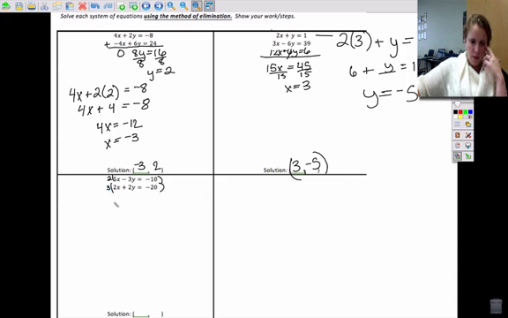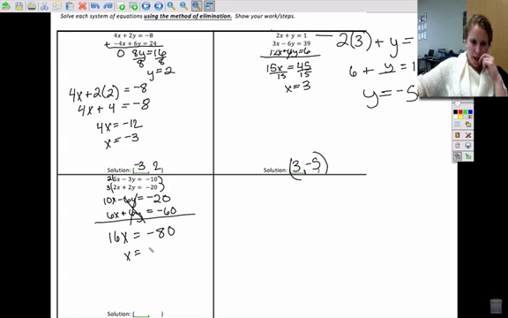And my top equation will turn into 10x minus 6y equals negative 20. My bottom equation will turn into 6x plus 6y equals negative 60. Okay, and then add those together. We have 16x and 0 y's, because those cancel, equals negative 80.